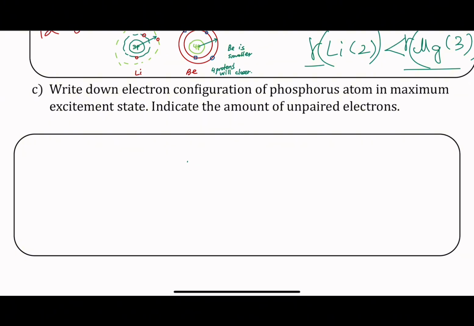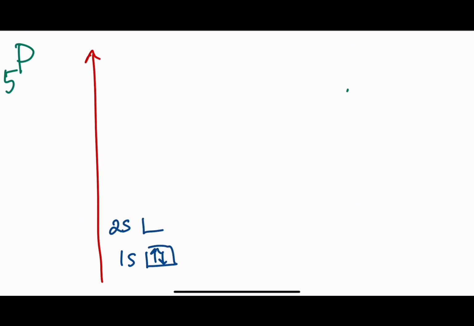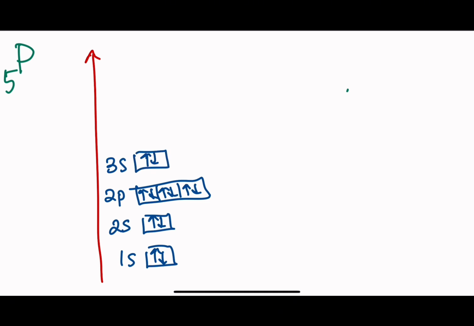Phosphorus has atomic number 15. I'm going to write the electronic configuration: 1s2, 2s2, 2p6, then 3s2, 3p3, and that's where it finishes the 15 electrons.